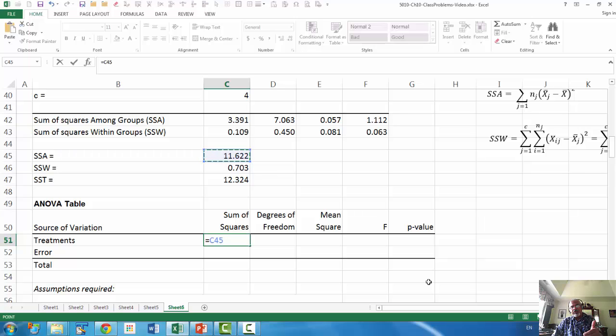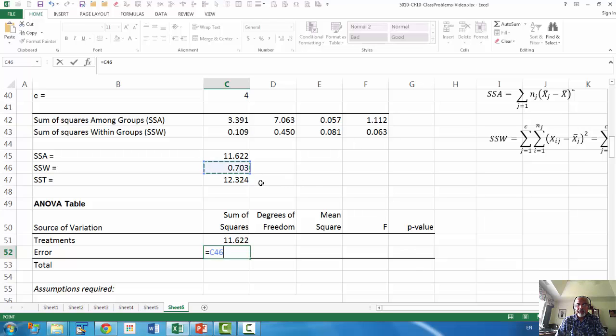Okay, different textbooks and different software packages use different terminologies. Treatment is the same as among groups. SSA is treatment. And then error or residual, in this case, is SSW.